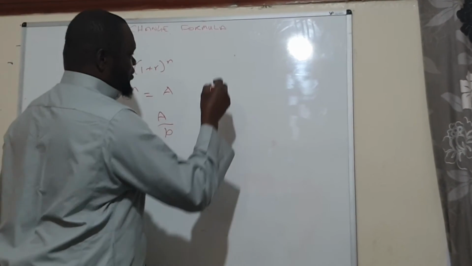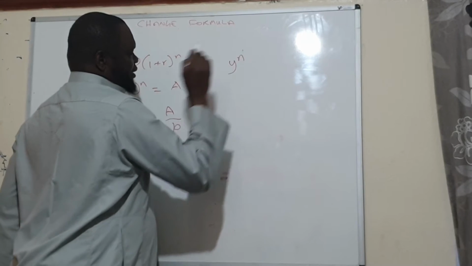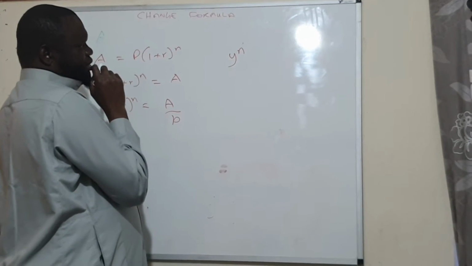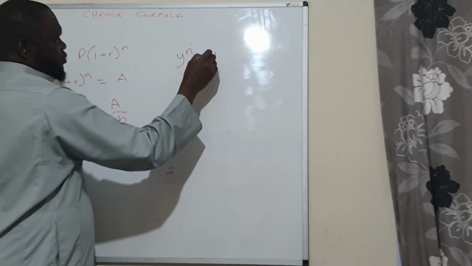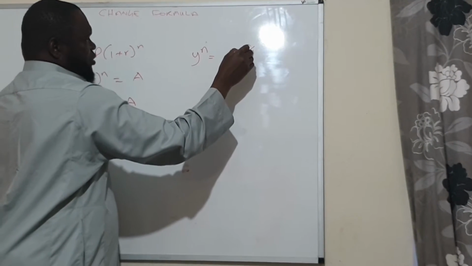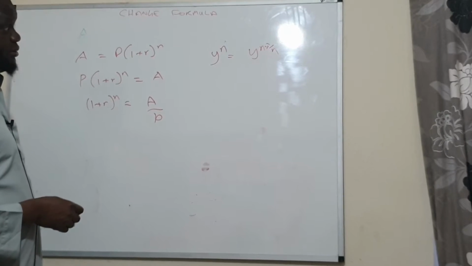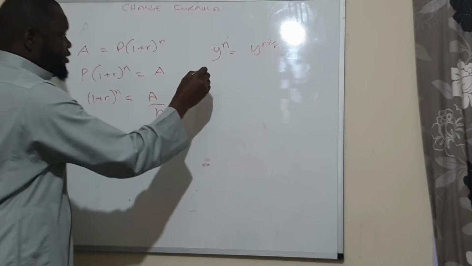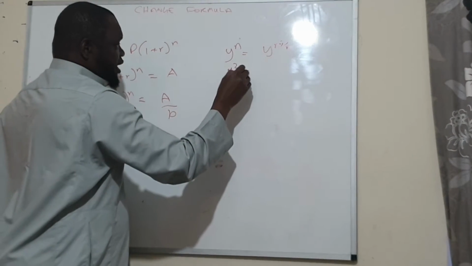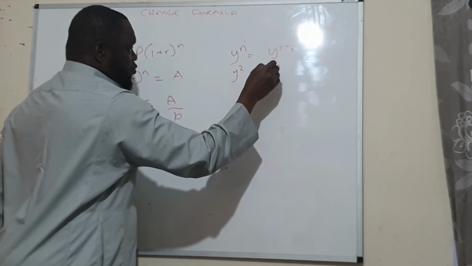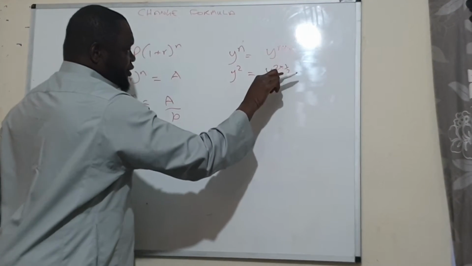Now, look here: 1 plus R to power n. If you want to eliminate it, we have to multiply it by 1 over n. Just like y squared, if you want to eliminate it, you multiply by a half. Same number.